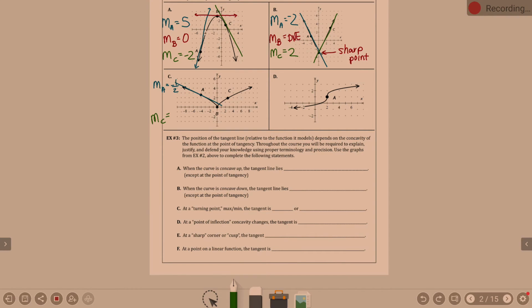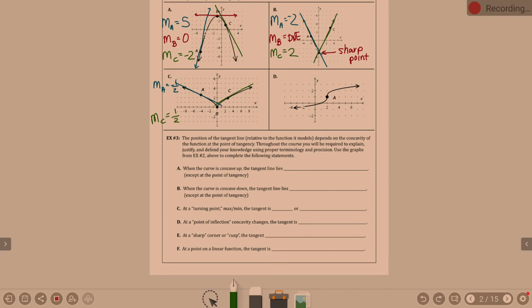Okay. What about the slope at C? So for me, this one is closer to 1/2.